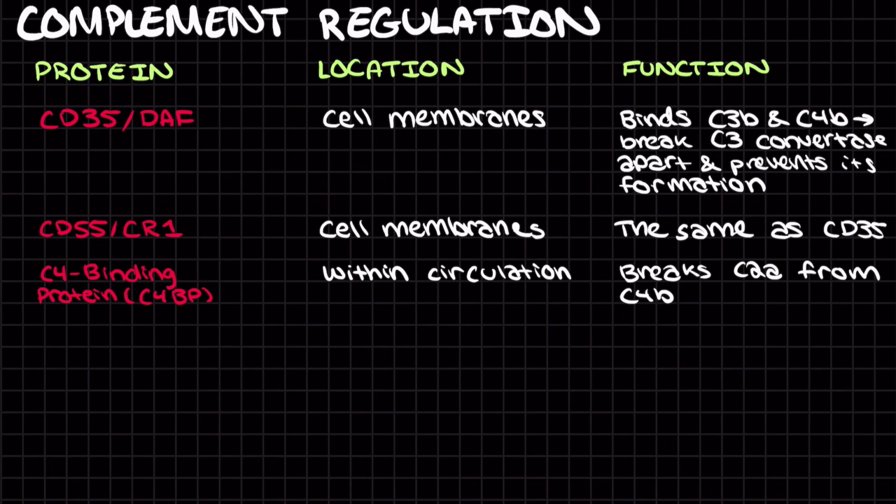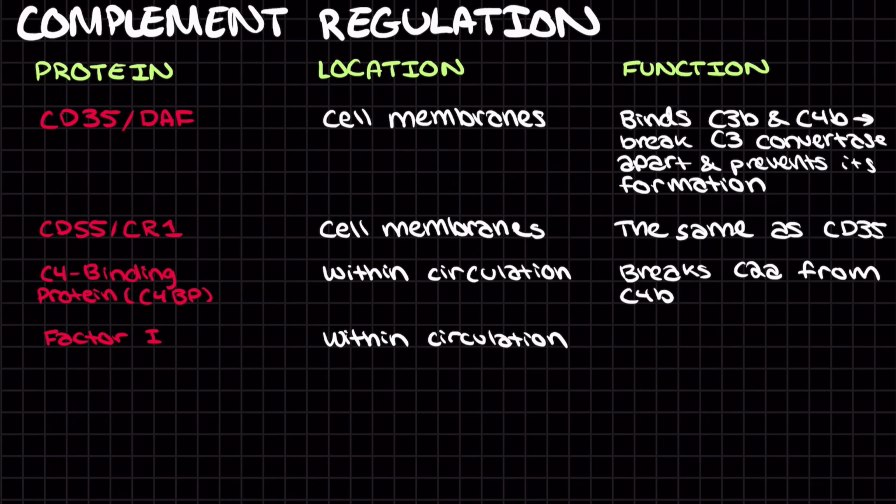Moving on to our next plasma protein, we have what is called factor I. Factor I, again, found within circulation, it's plasma soluble. And factor I is going to have a different mechanism than what we've discussed so far, because factor I is a protease, and specifically it's a C3b protease.